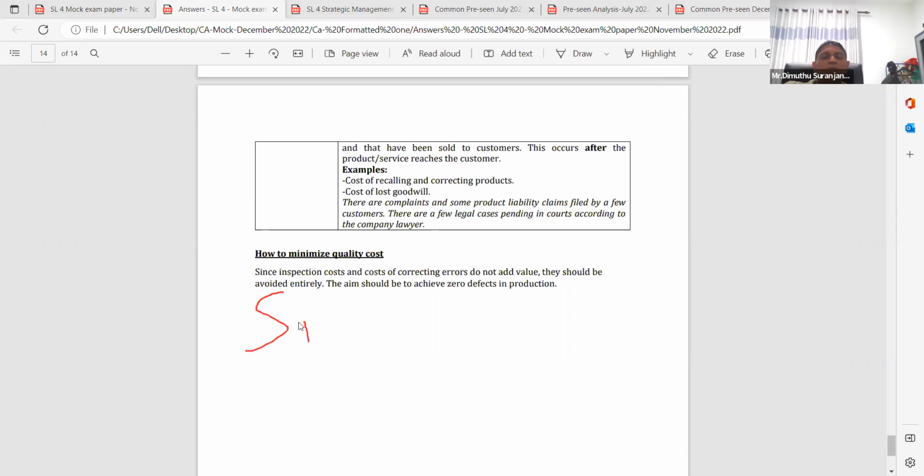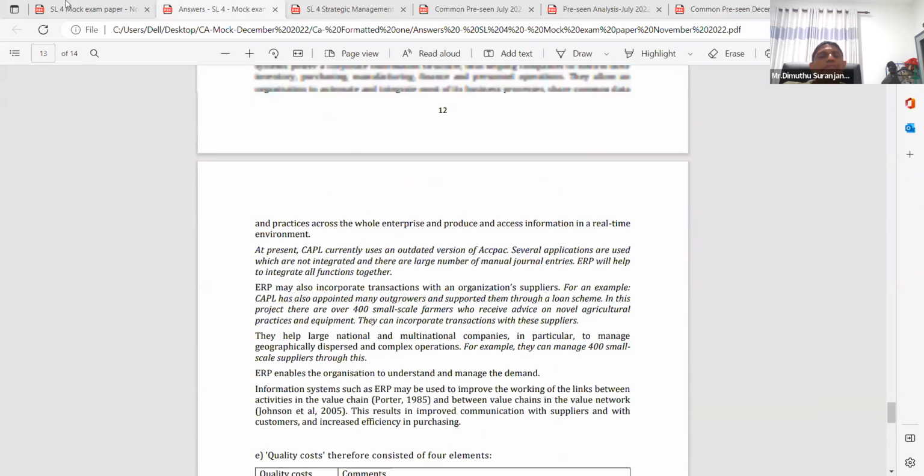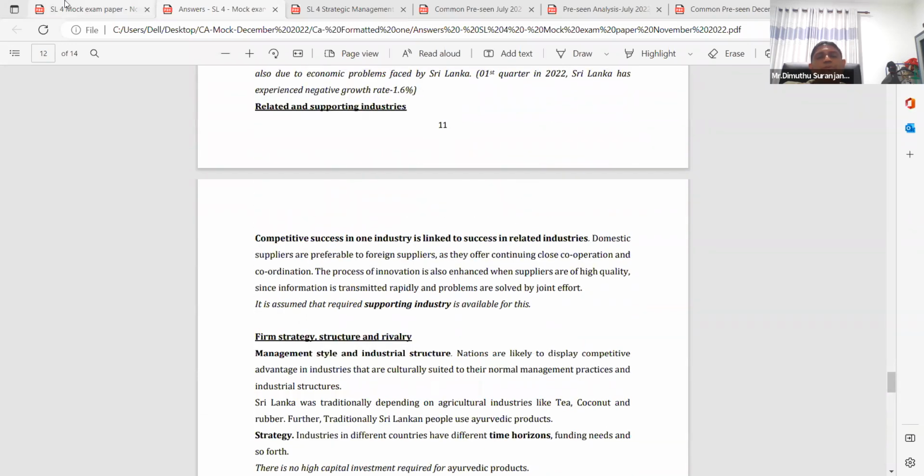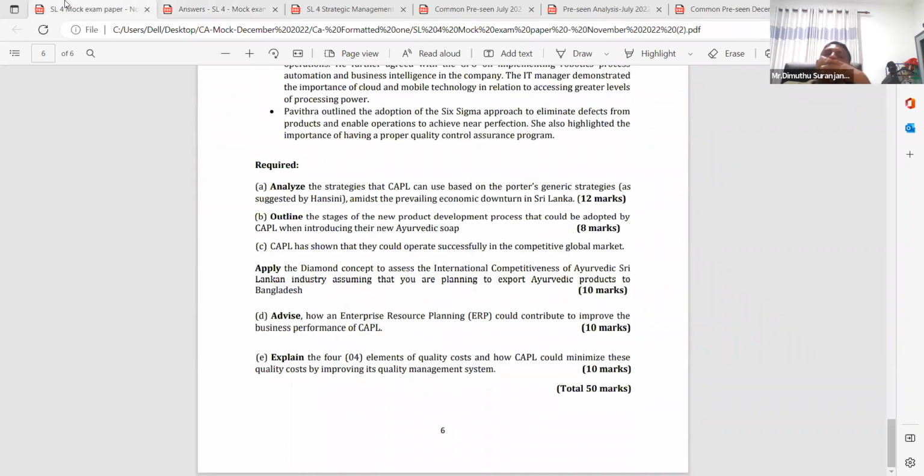You can mention that the organization can appoint a Six Sigma team and they can work on quality improvement. Right. So any questions from your end? Hope you understood what I have delivered.